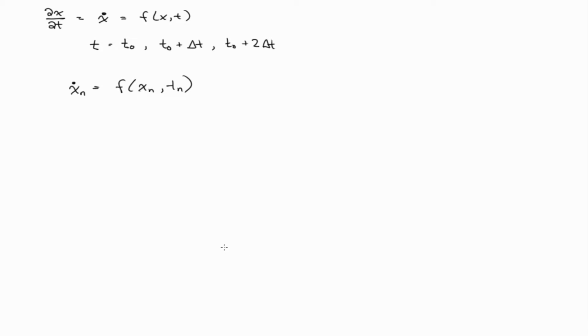And so, again, when we discretize the derivative using this sort of delta x over delta t approach, we'll write x n plus 1 minus xn over delta t. Okay, that's equal to our function of tn, xn.